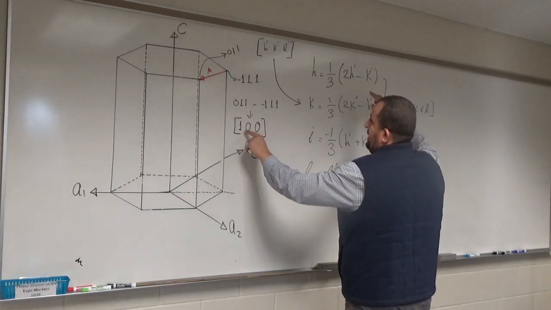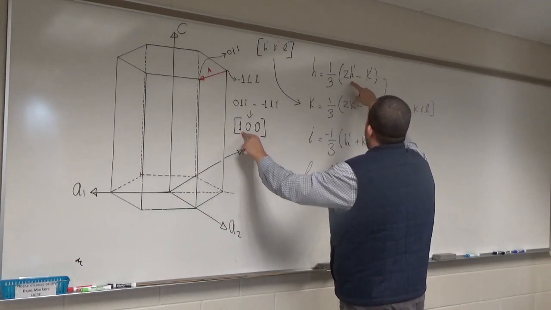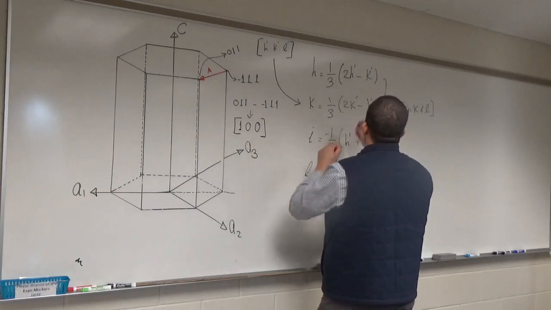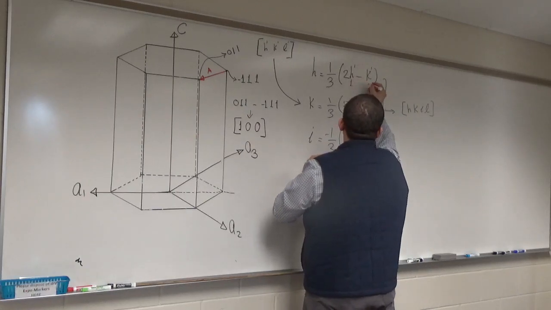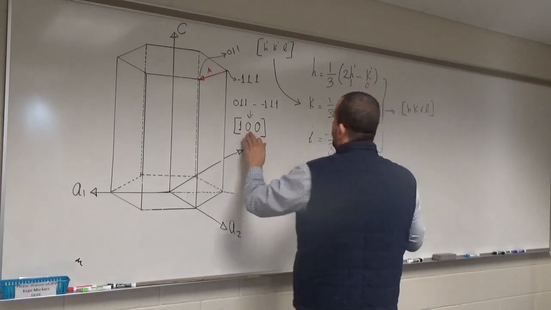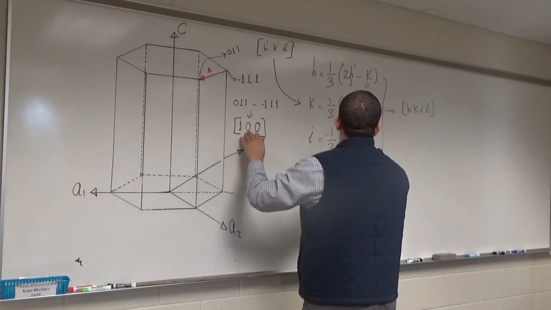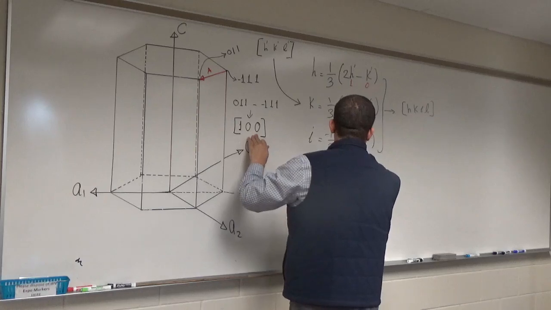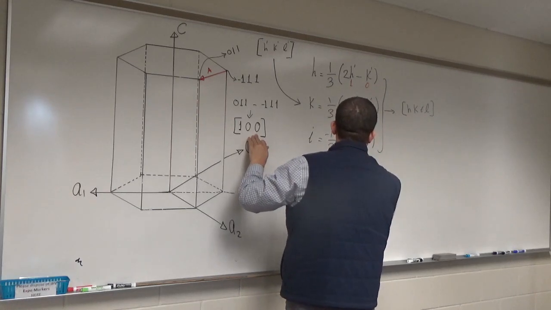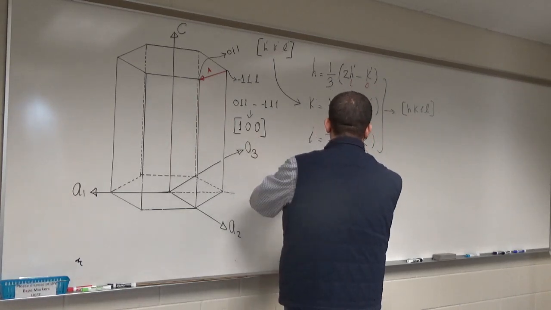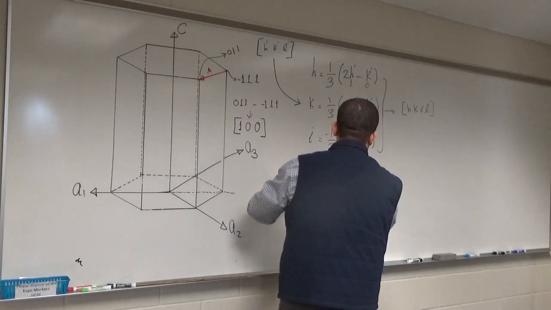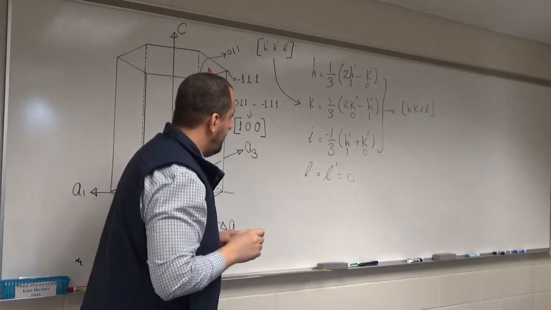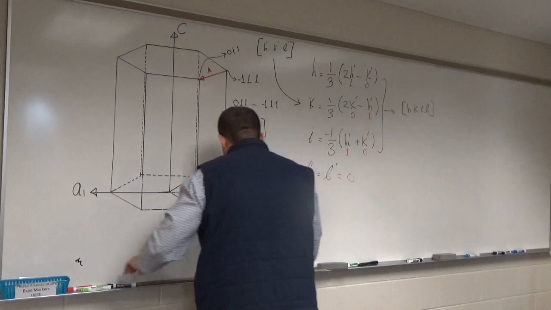So I have h prime as 1, so I have 1 here, I have 0 here, here we have 0, and here we have 1, and here we have 1, and here we have 0, and l prime is equal to 0. Let's calculate these and see what will happen.